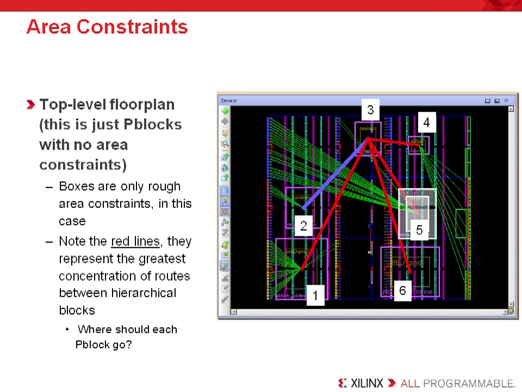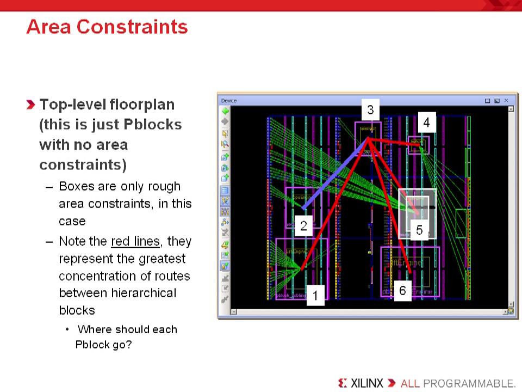This slide shows you an example, again, of using Plan Ahead as part of the design process of making area constraints. As you can see, we basically took that same design we saw before and did a default grouping, or a hierarchical segmentation, of the design into 6 different area constraints. Note, these are just P blocks, or what we call representations of groupings of logic.